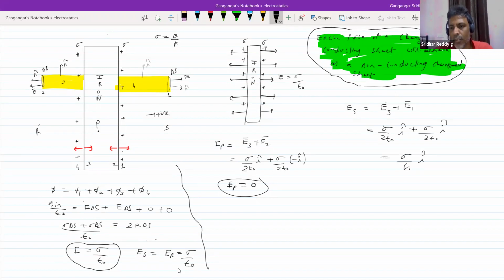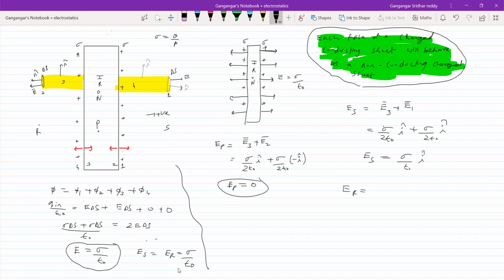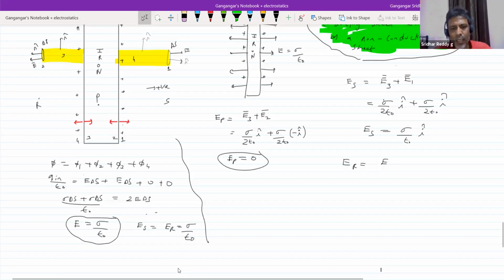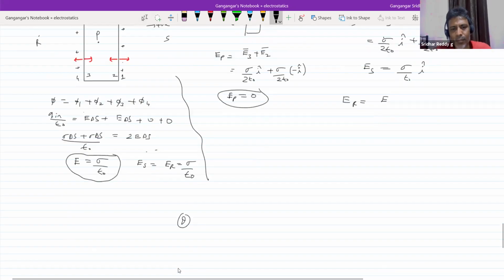Is it okay now? What we discussed in Gauss law, that I'm showing it here. Similarly ER. Sir, how did you get ES equal to E3 plus E1? Superposition principle. If there are two charges, the field will be like this, no?